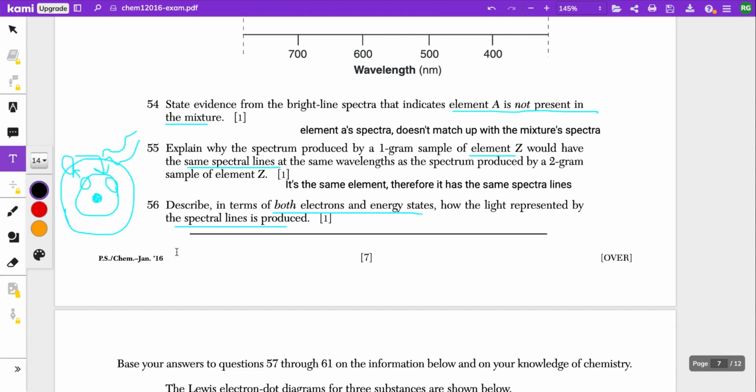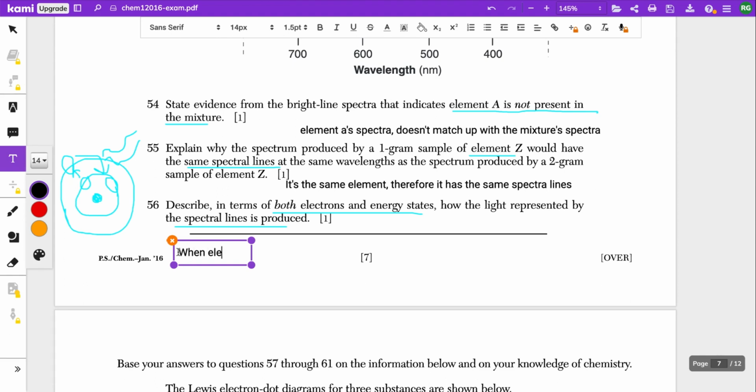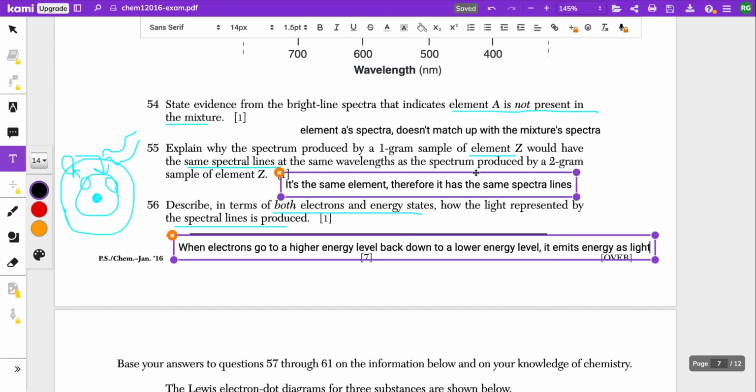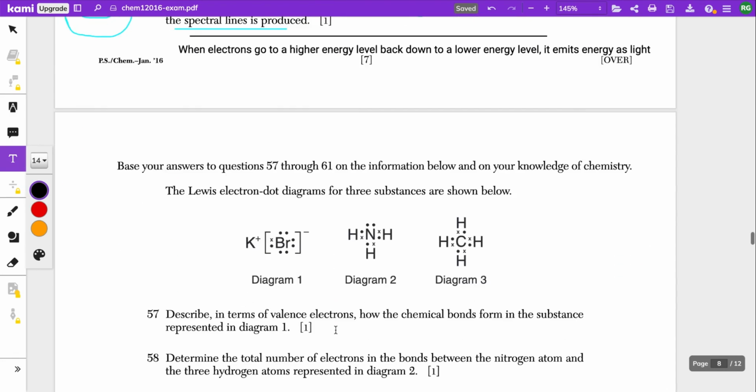So how are the spectral lines produced? When electrons go to a higher energy level and then go back down to a lower energy level, they emit energy as light. That's how the light is produced.